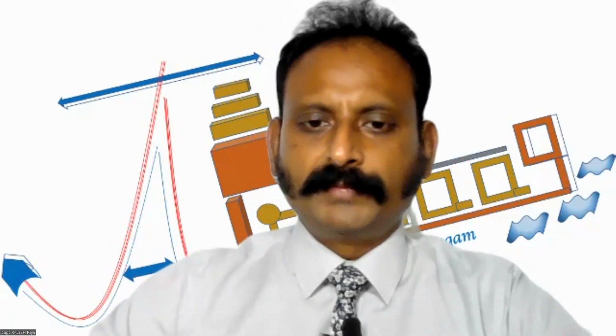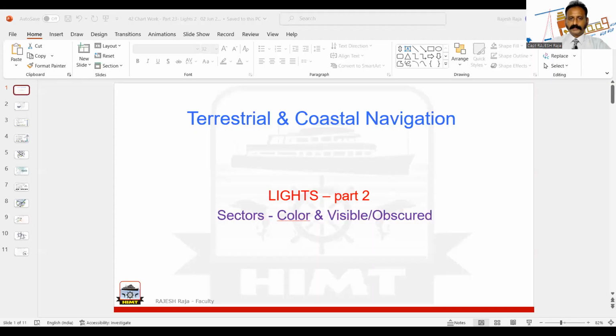What are those? Those are basically color sectors as well as the visible and obscured sectors. So that is the title today.